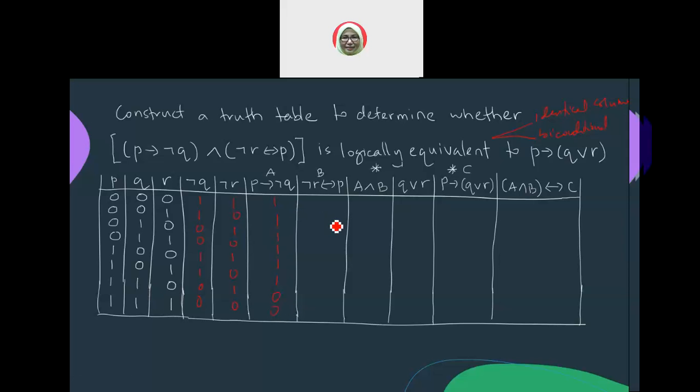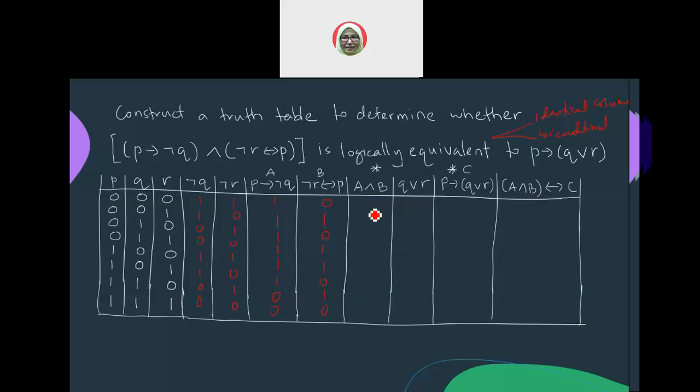Okay, so not R biconditional P. So this one 0, 1, 0, 1, 1, 0 1 0 1 0.